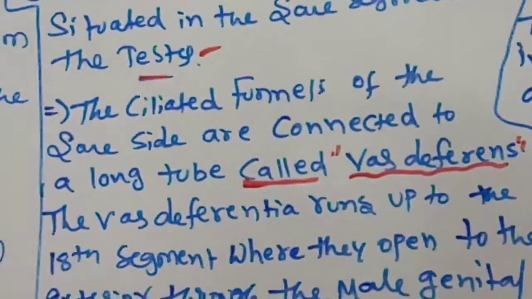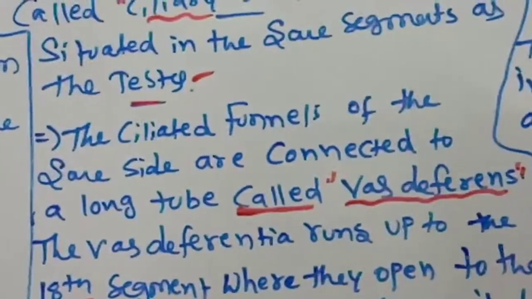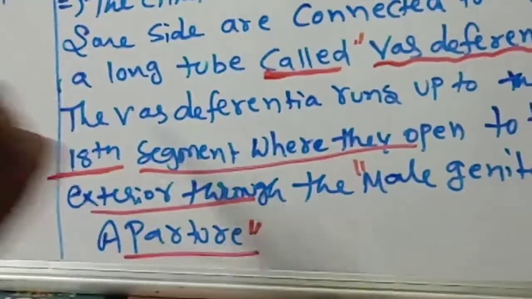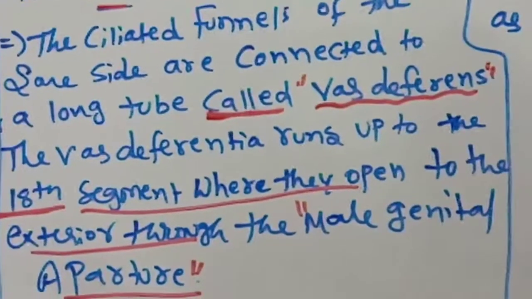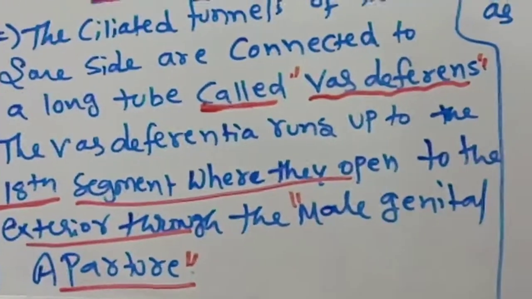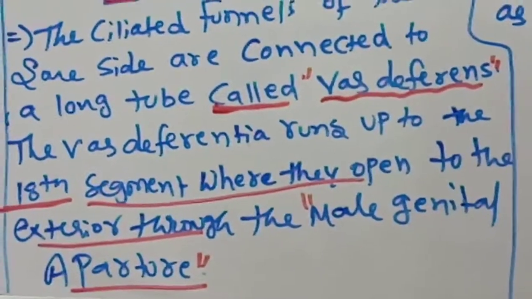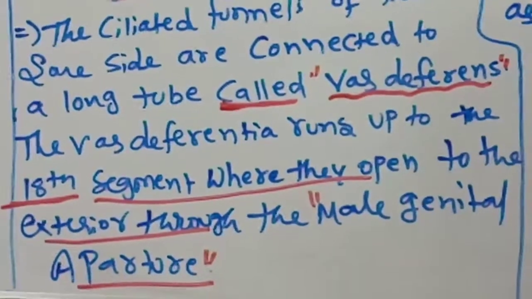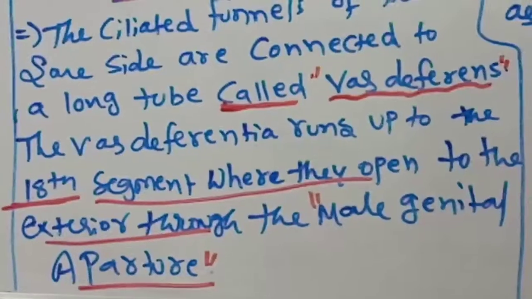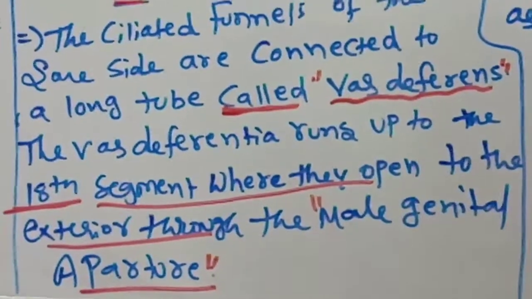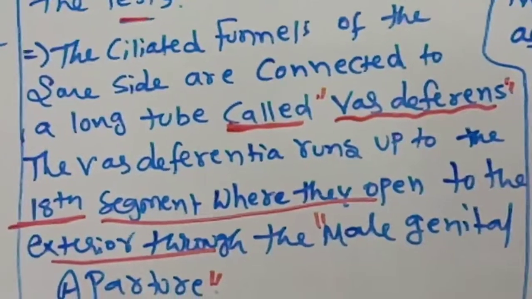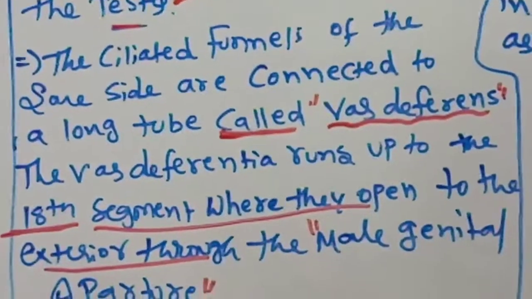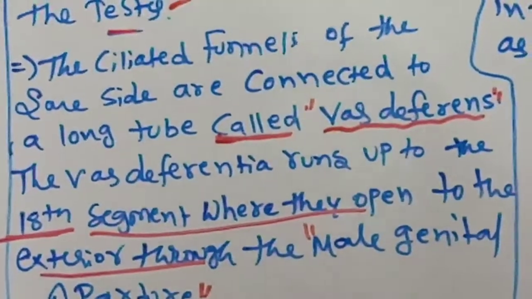The vasa deferens runs up to the 18th segment, where they open to the exterior through the male genital aperture.